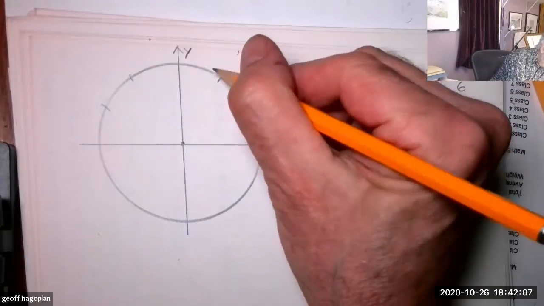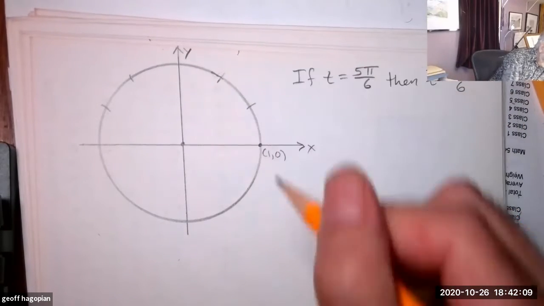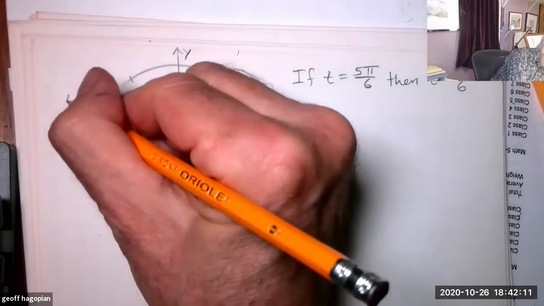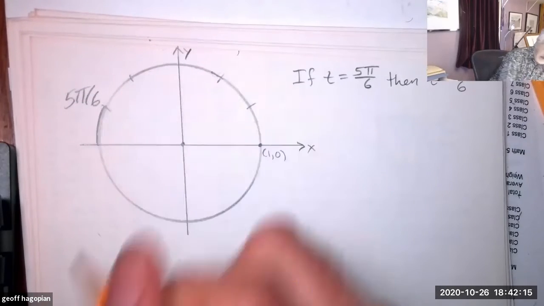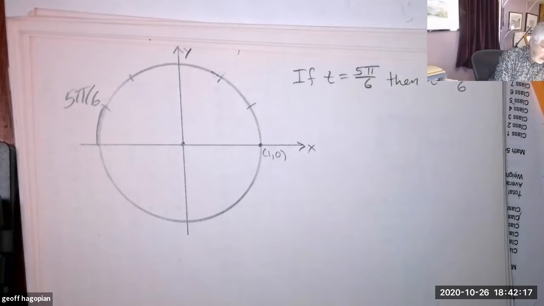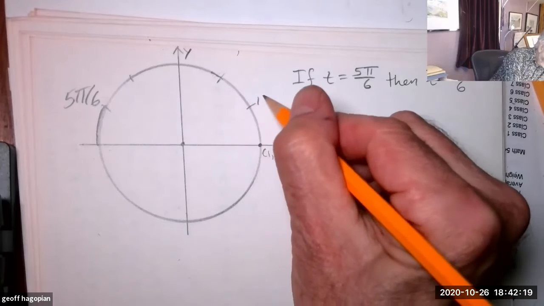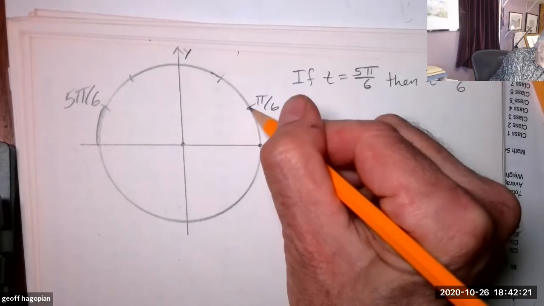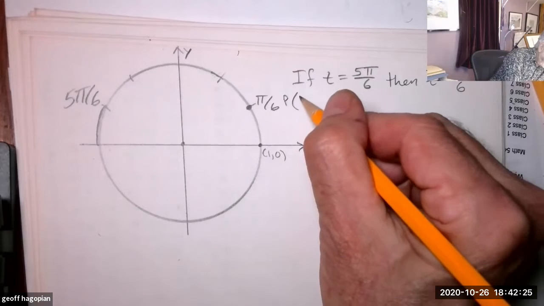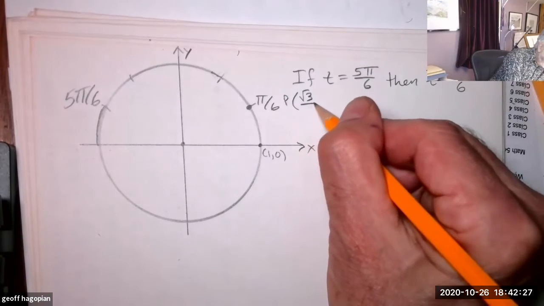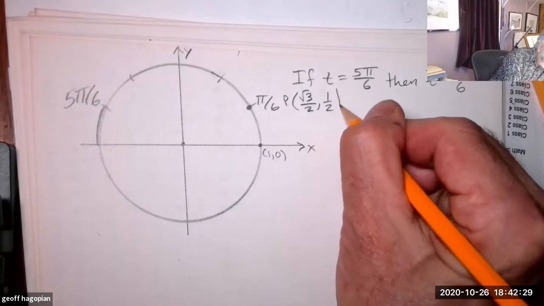Okay. So here's 5pi/6. You can see that this distance is then pi/6, and pi/6 is over here, where the terminal point has coordinates square root of 3/2, comma 1/2.